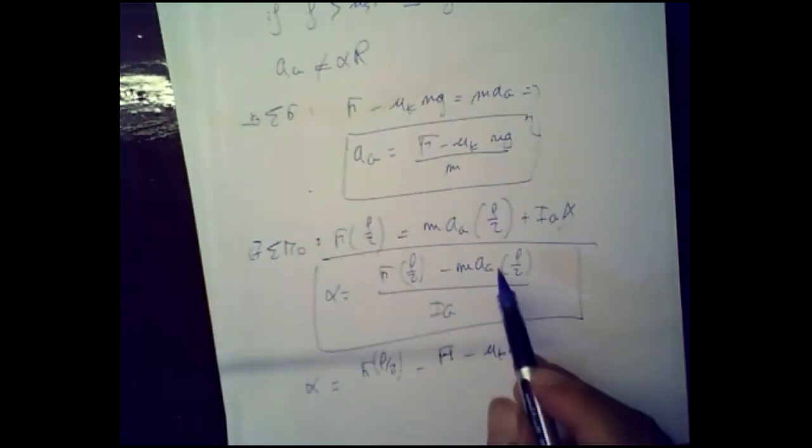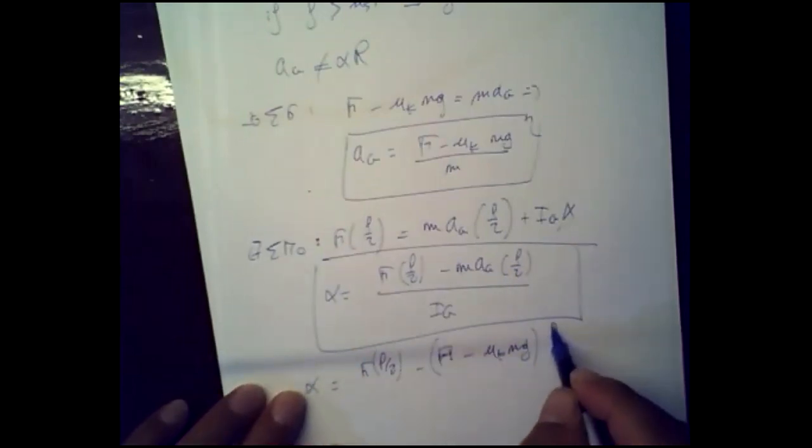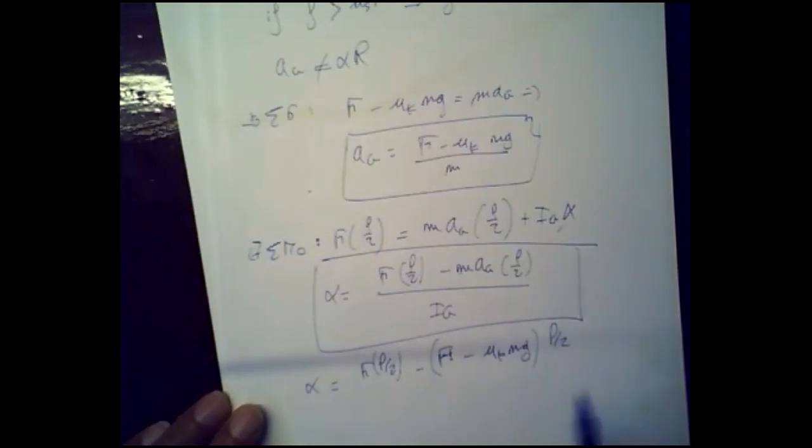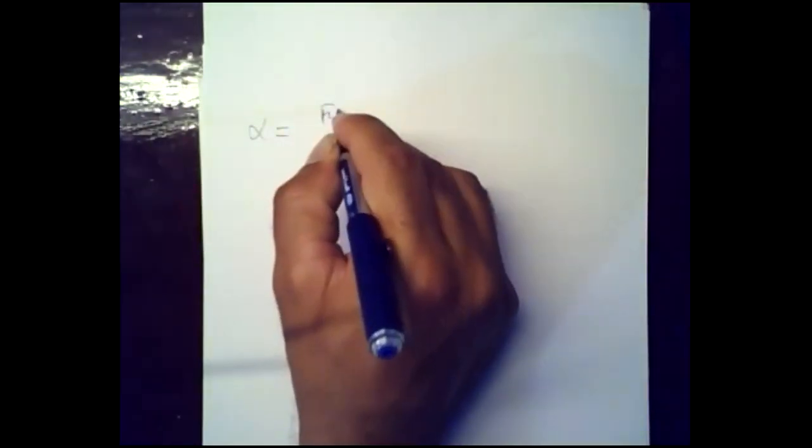mu k mg, right, multiplied by L over 2. And then this is divided by Ig. So here what you really end up with is alpha is equal to F L over 2.